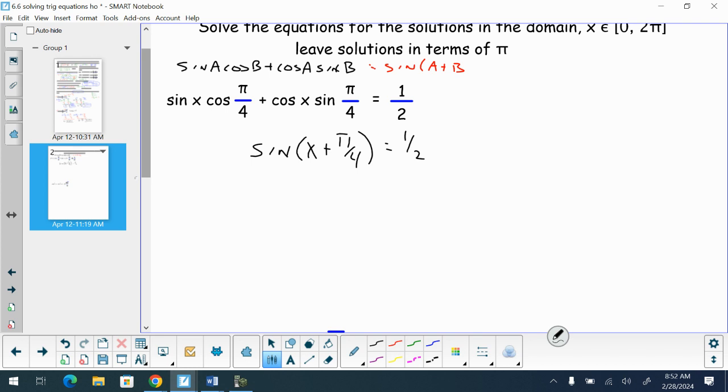Or do you want to find your inverse sine of 1/2, which is 30 degrees again, convert that into radian mode, and then work with your fractions? Either way is correct. Either way will get you the solutions you need. You just need to figure out what works best for you as you go through the problems.